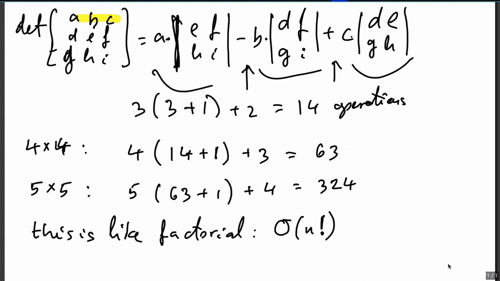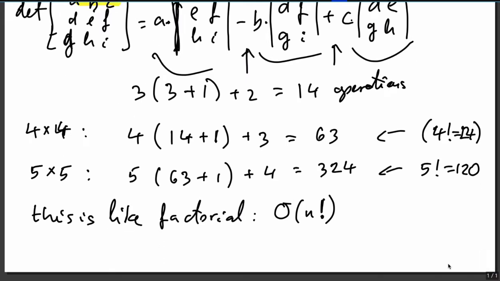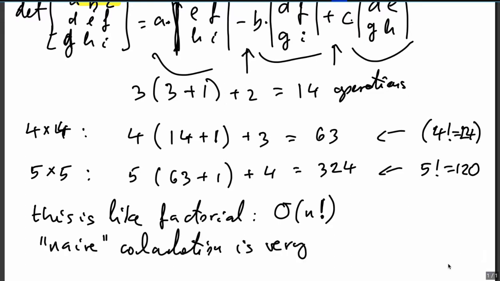In fact, if you compare this to n factorial, 4 factorial is only 24, so 63 is more than that. 5 factorial is only 120, so again this is actually underestimating with the n factorial. So this is very, very costly. This is called a naive calculation, very costly.